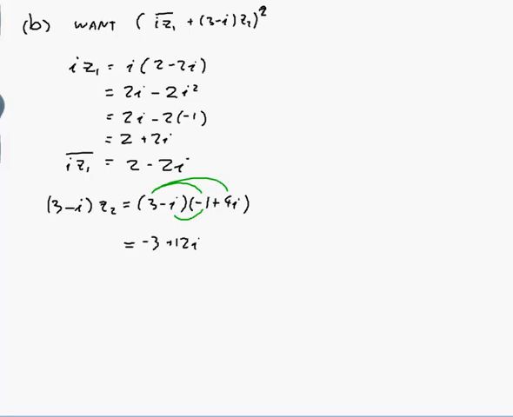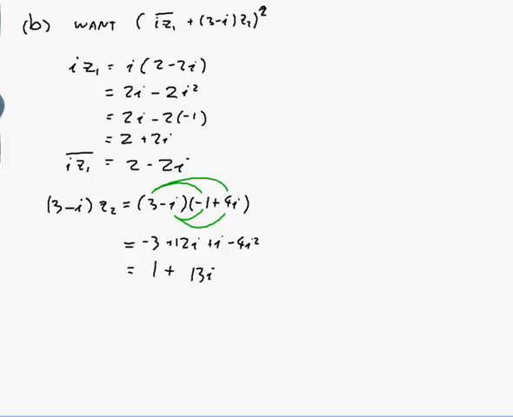Minus i times minus 1 would be plus i. And minus i times 4i would be minus 4i squared. So let's see, we get 13i, and minus 3 minus 4 times i squared, but i squared is minus 1, so that would be minus 3 plus 4, which would be 1.